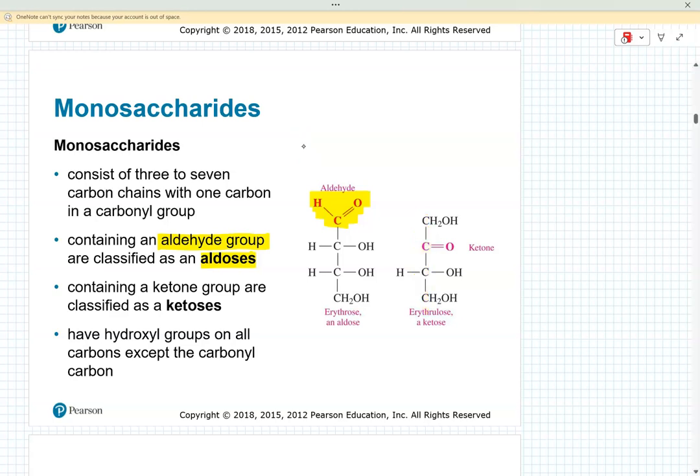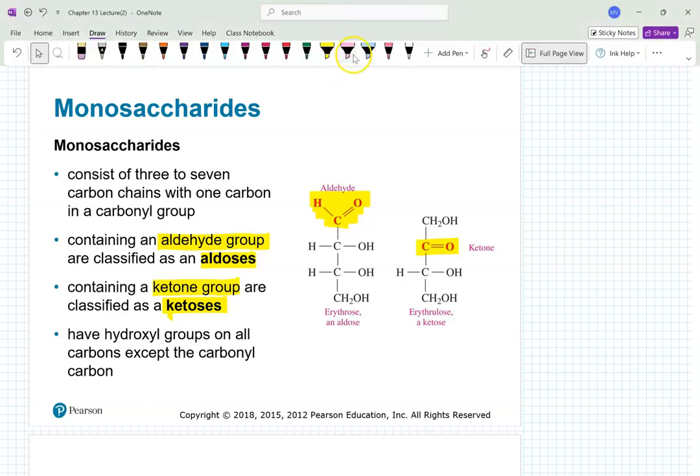If a monosaccharide has a keto group, we call it a ketose. You can see that all carbons in the monosaccharide molecule are connected to one functional group. Can you see that? I'm going to highlight other functional groups with a different color.